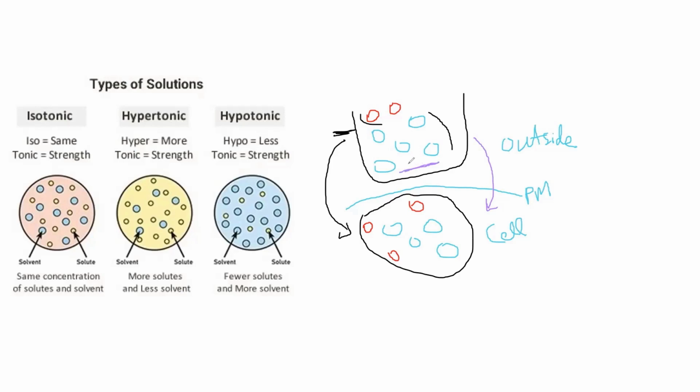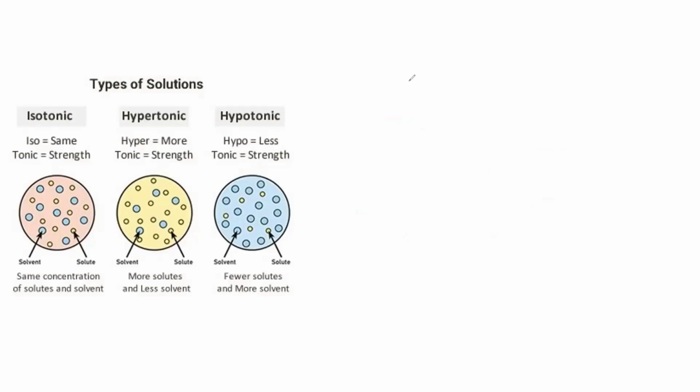So every time you have a hypotonic solution outside, the water is going to flow from outside to inside, right? Is it confusing, or do you have all the concept cleared? It's clear right now. Okay.